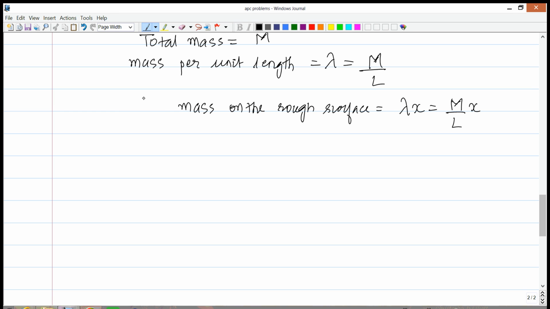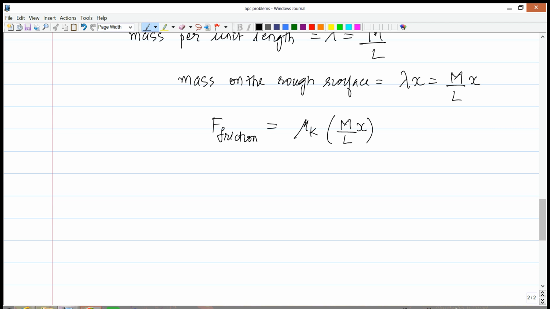So the force of friction for this mass is going to be equal to the force of contact times mu k. So it will be mu k multiplied by the force of contact for this mass, m over L times x times g. Sorry, there's a g missing there.